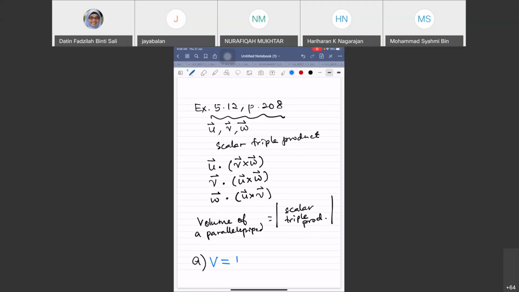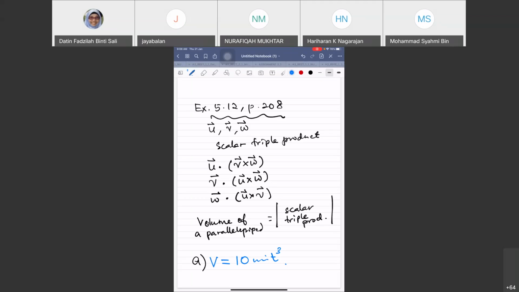You got 10? 10, unit cube. Okay, anybody else got any different answer? Anybody got a different answer for this one? For those who have done.